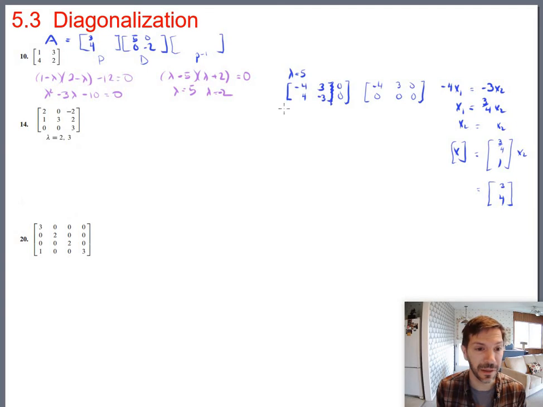We still need to do the same thing. We need to find the eigenvector that goes with negative 2. I'm going to skip the work for that one, but it comes out to be negative 1, 1. So negative 1, 1 there. And we have found the P and the D. By the way, the book doesn't even bother finding the P inverse for the diagonalization.